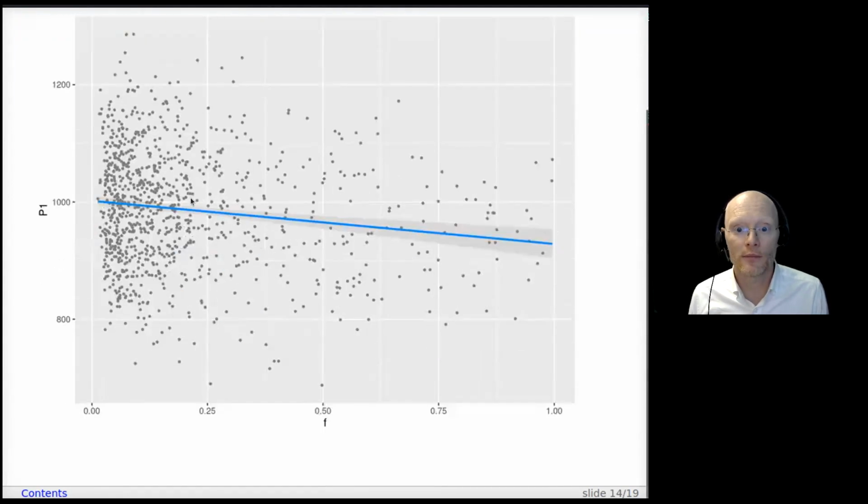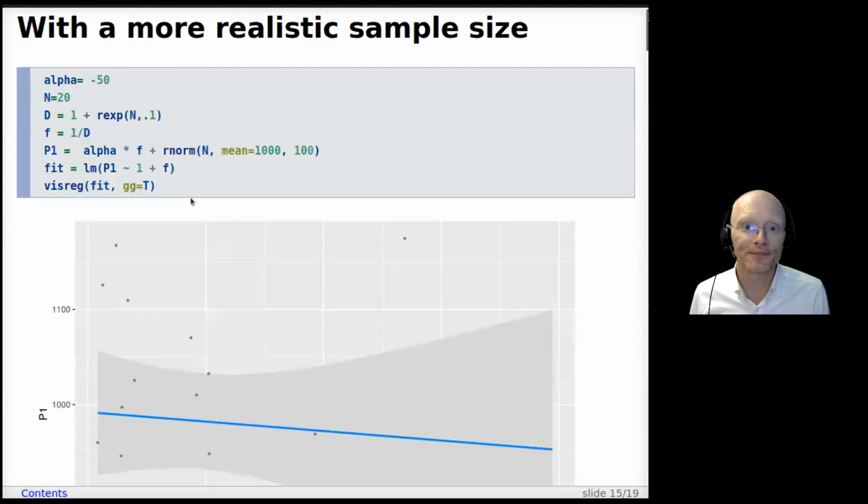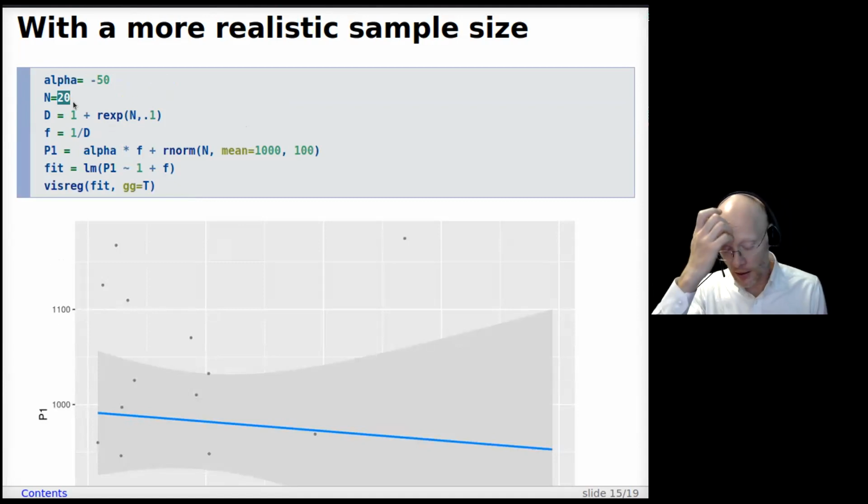Okay. Now, let's go back to a more realistic sample size. Let's say we have enough money for 20 different hives. We're going and getting them randomly, whoever will let us site our hive in their house. So we have a distribution of distances. Everything's the same, except I've just decreased the sample size.